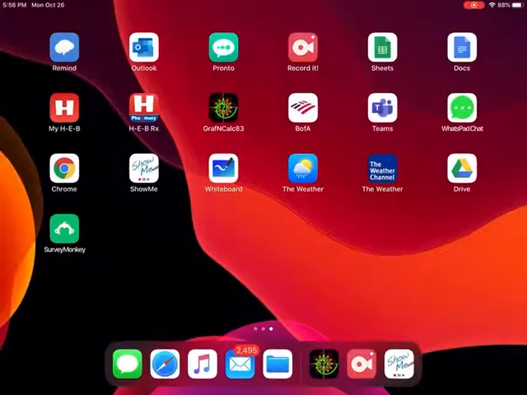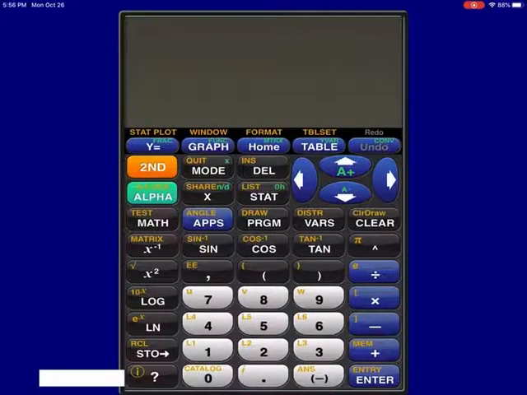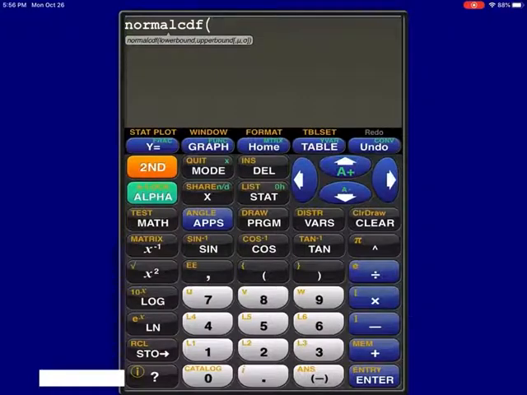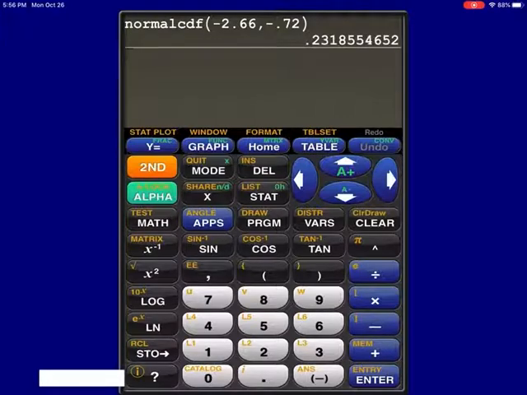So on my calculator, let me get it going, clear this out. I'm going to go second, DISTR. I'm going to go normal CDF. We had a negative 2.66, comma, a negative 0.72. Oops, forgot my point. Negative point, there we go, 72. Close that off, hit enter. And I believe we're going to four decimal places.